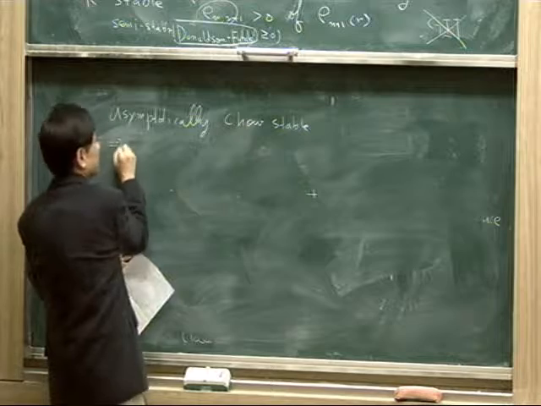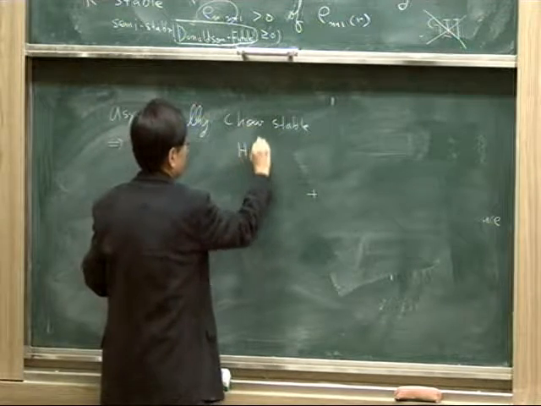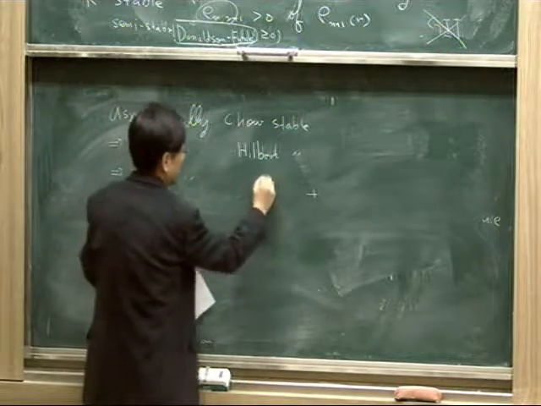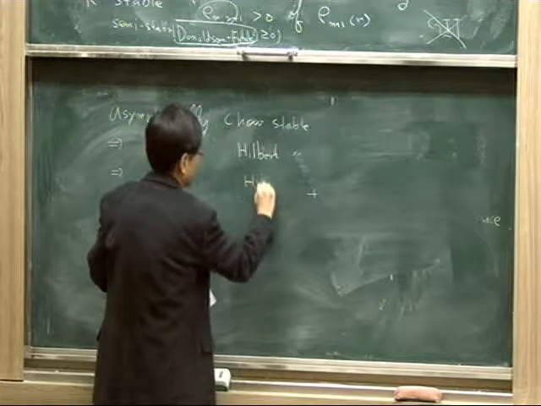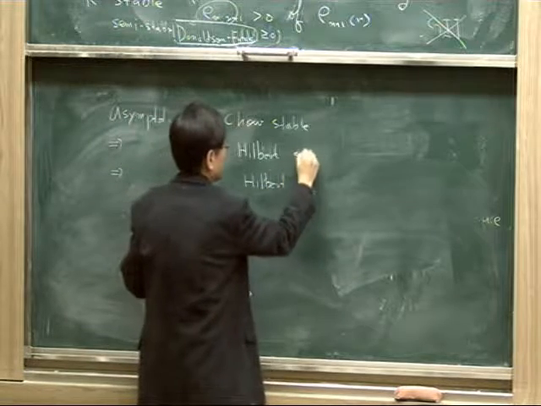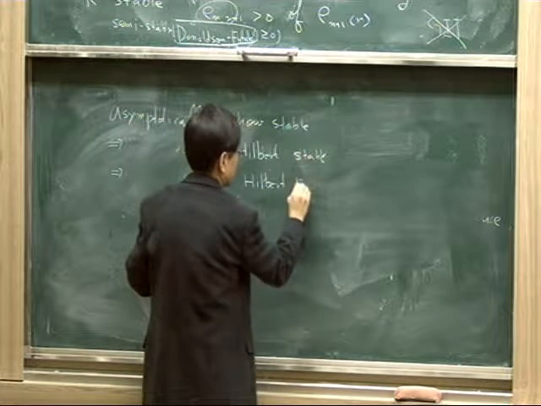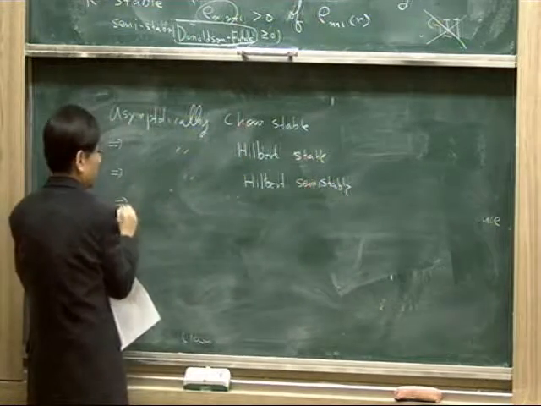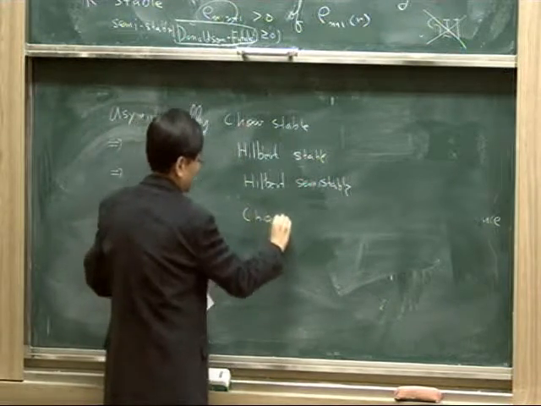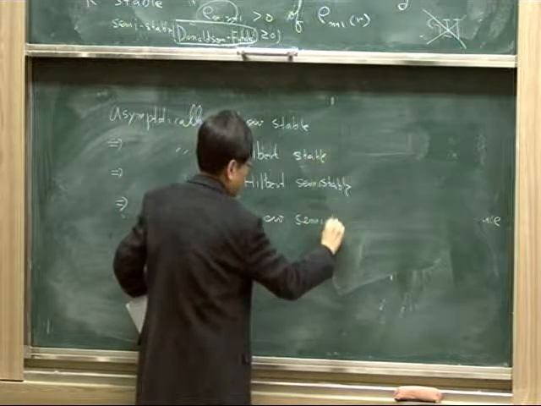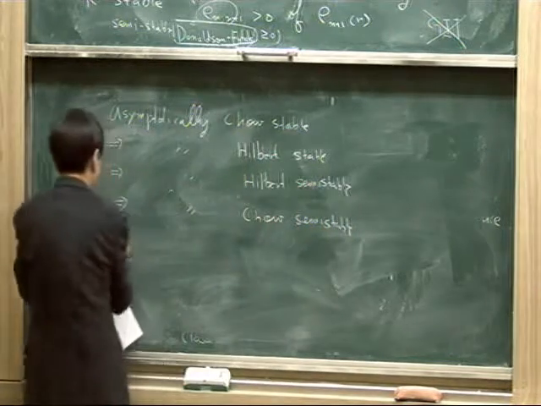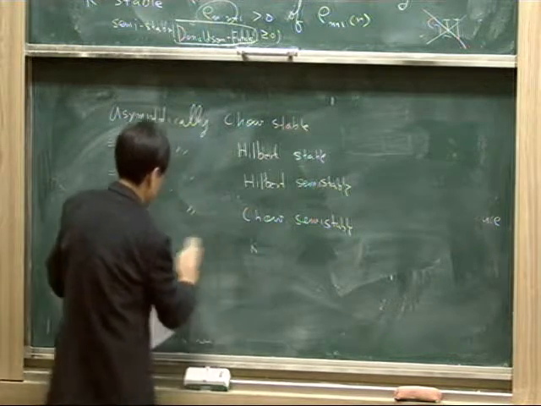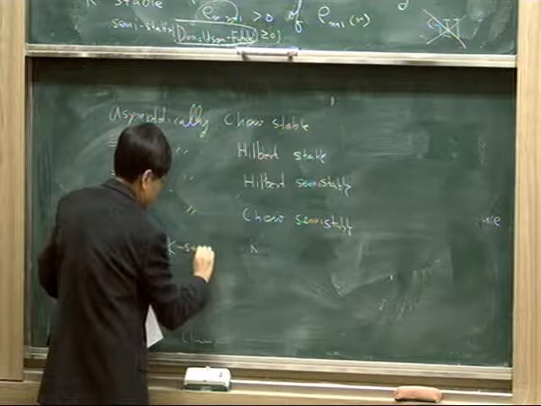So it implies Hilbert stable, and then clearly implies Hilbert semi-stable. It is stable, semi-stable, and implies Chow semi-stable. And then also looking at K-stability, this case is just K-semi-stable.